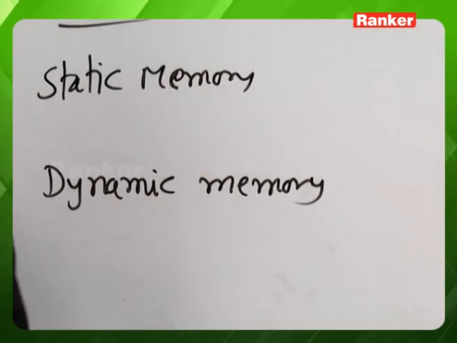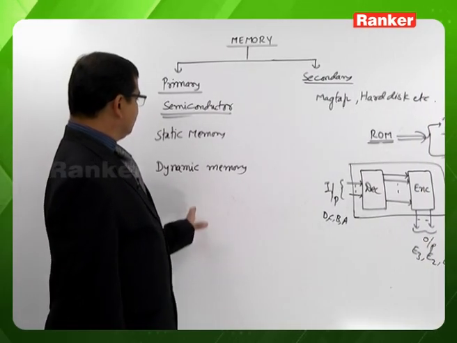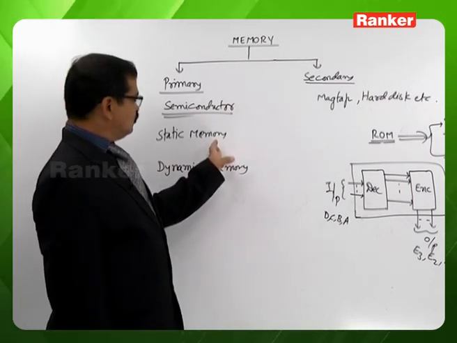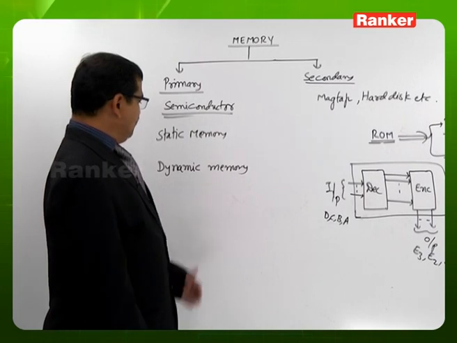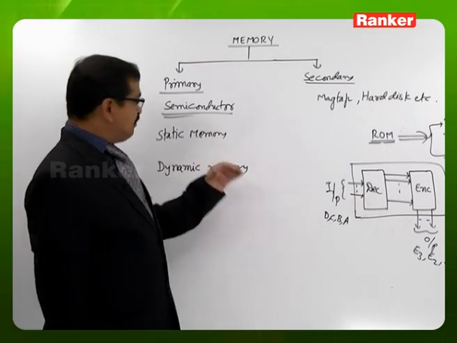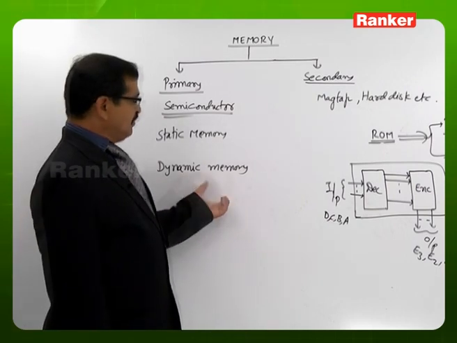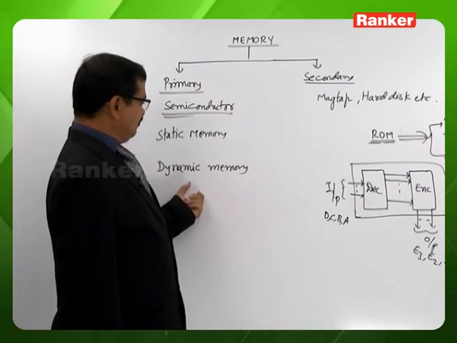In the static memory, once we write the data, it is available as long as the power is on. Whereas in the case of the dynamic memory, even when the power is on, the data is not available for a long period of time.